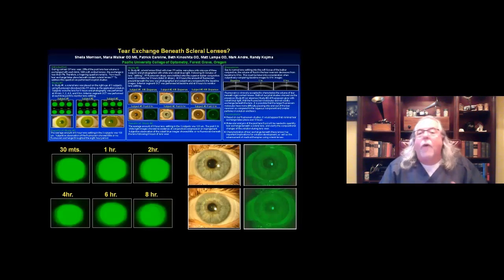You wonder why these lenses have performed so well in individuals with pathologic ocular surface disease. Well, this is the reason. Whatever fluid we place into the back of the contact lens is going to be there throughout the entire day.